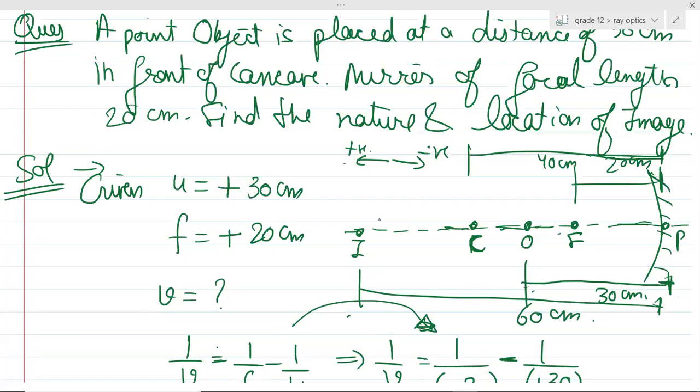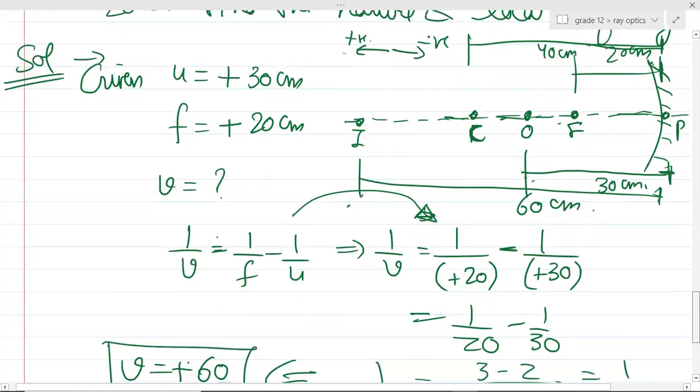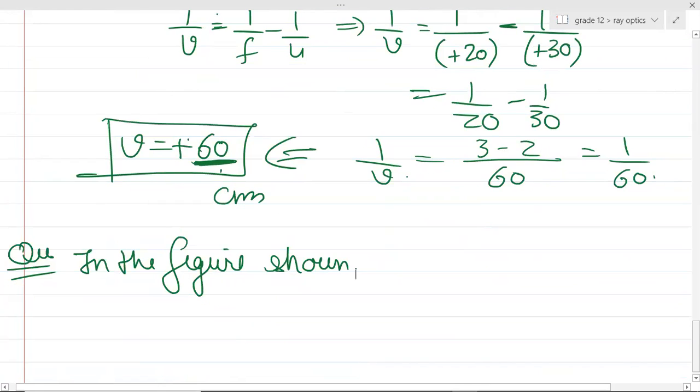The object is placed beyond C, between C and F, and the image is formed beyond C. So it is a real, inverted and enlarged image. But since it's a point object, the image will also be a point image only.